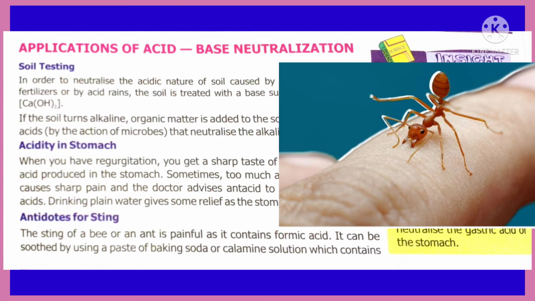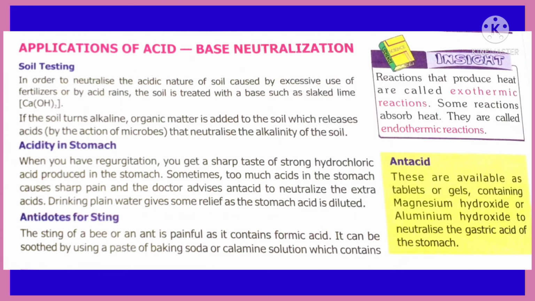How do you get relief? You apply a base-rich compound, that is baking soda or calamine solution, which are called alkalis. If you apply it to the bitten area, we will be relieved from the pain because it will be neutralized. It injected acid and we are applying base. So after these two join, it will be neutralized. We get relief from the pain.